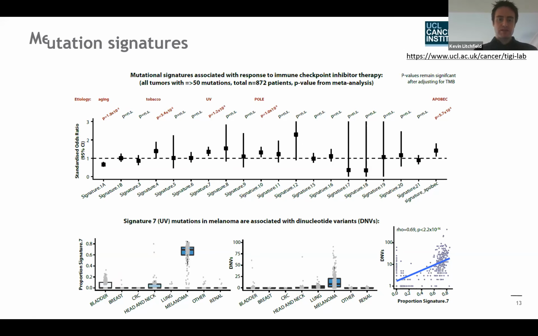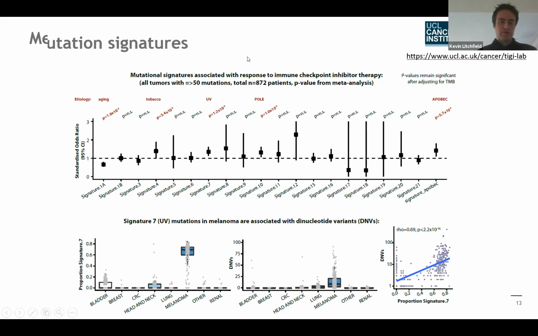We didn't mix together tumor types in a pooled analysis. You can see in particular the aging signature, tobacco signature, UV signature, POLE signature, and APOBEC signatures all were associated with better response to checkpoint inhibitor treatment. So this really suggests that mutation quality as well as quantity is important.